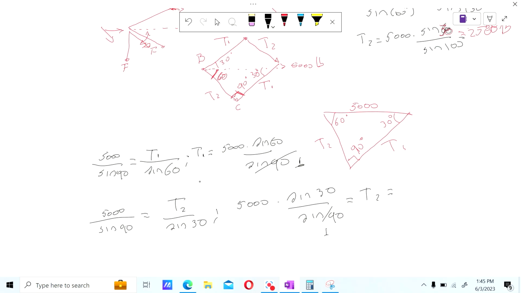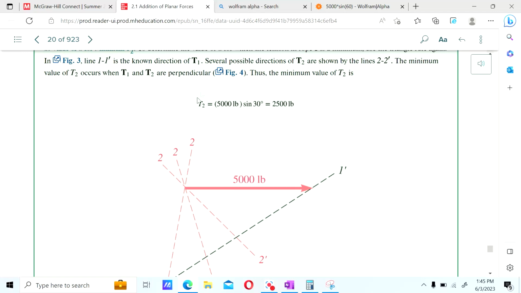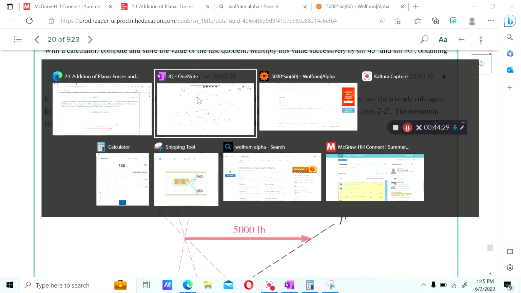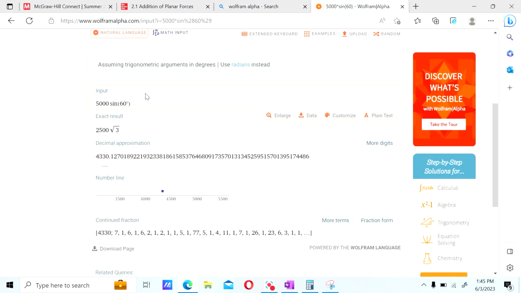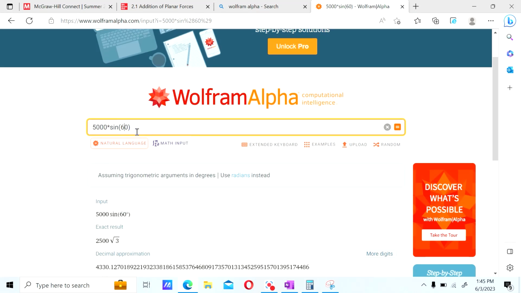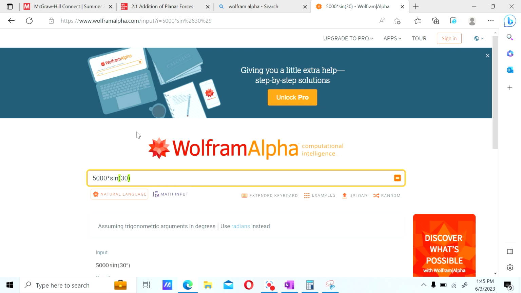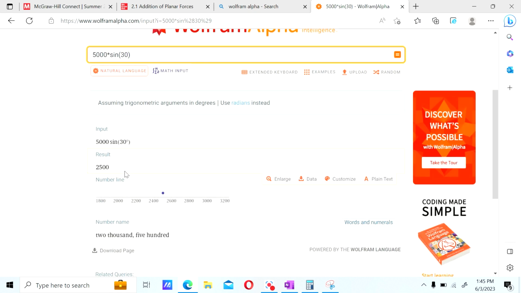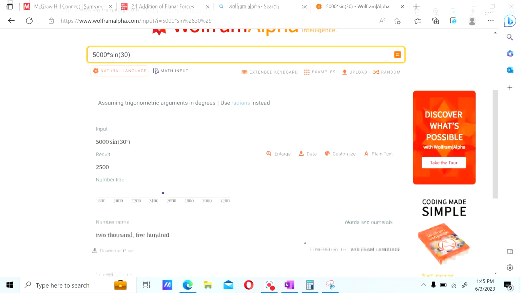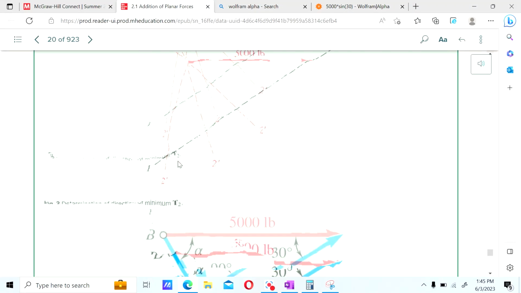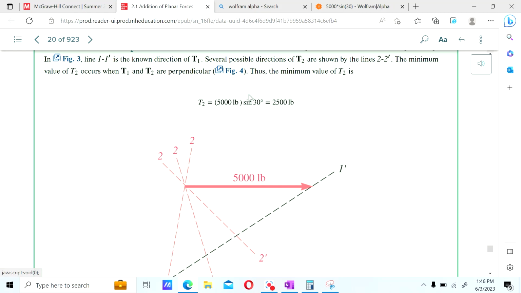So T1 is 4330. And T2 equals 5,000 times sine 30, which is 2,500. Okay, that is what we get in the book.